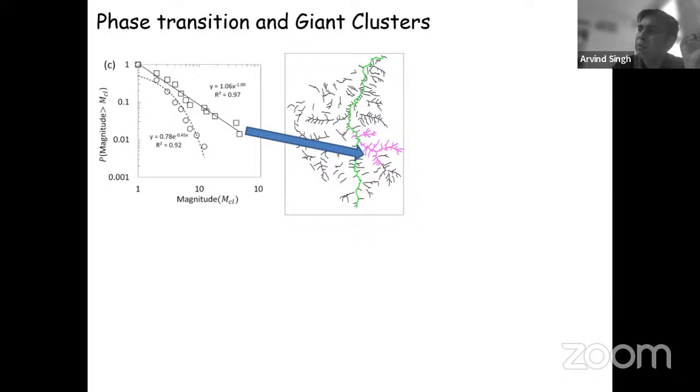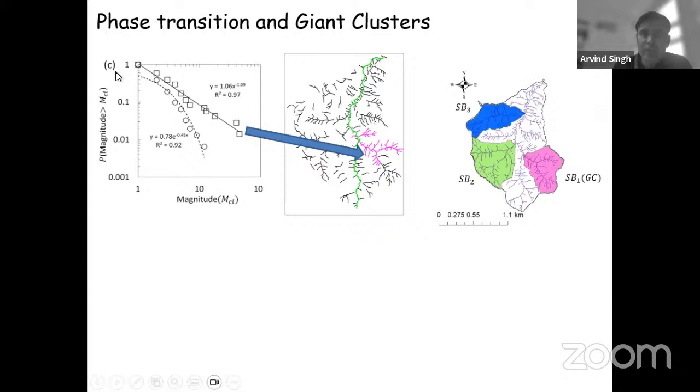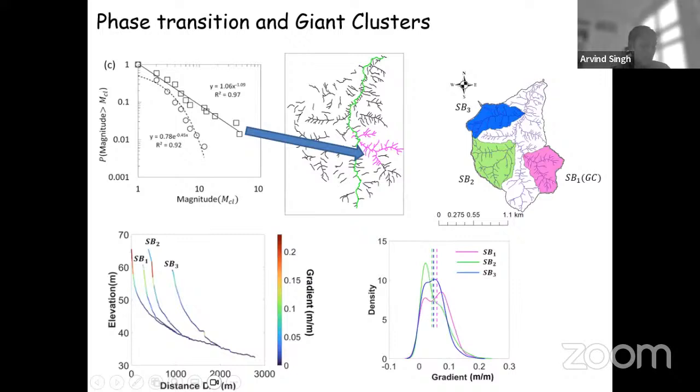we can get some information about hotspots on the network where the connectivity emerged much faster as compared to other locations. So here, for example, for this particular network, we have seen the phase transition changing from exponential to power law, and if we place this particular giant cluster on the network and compare it with some other clusters of similar sizes, we observe that there are geometric and topologic differences.